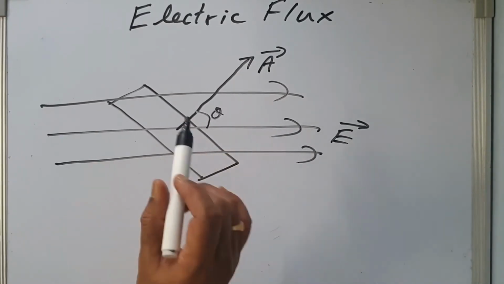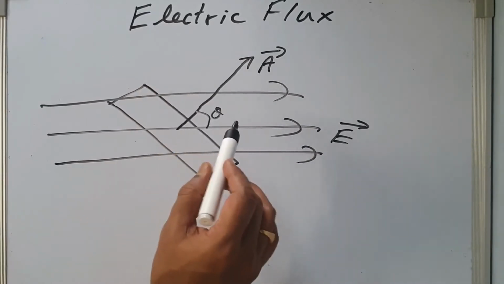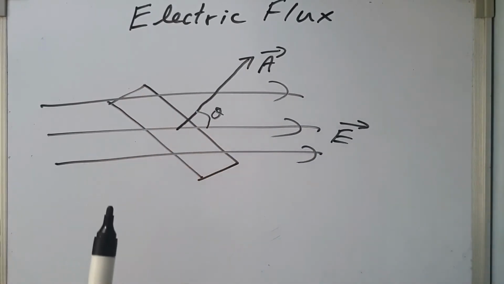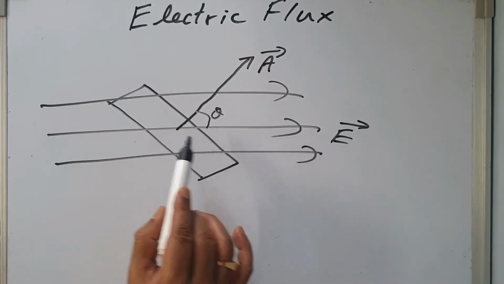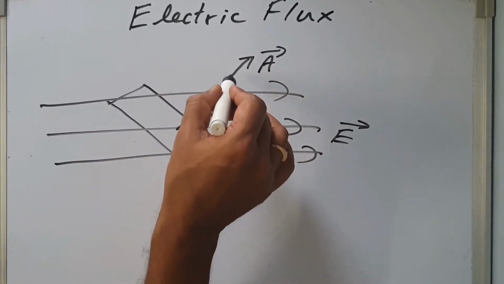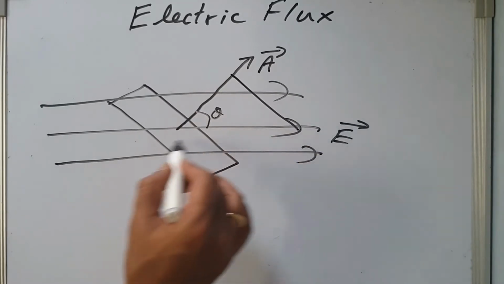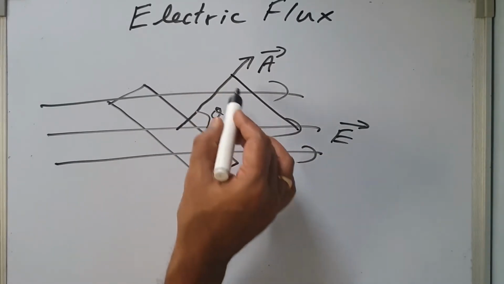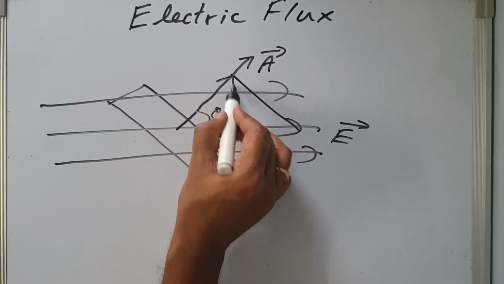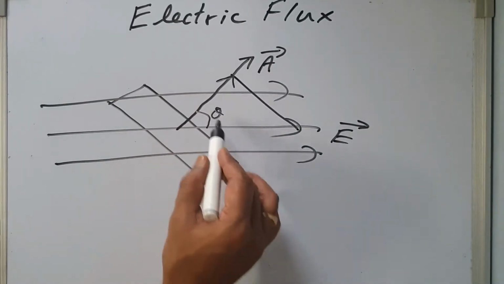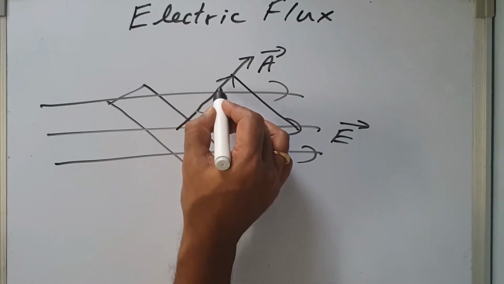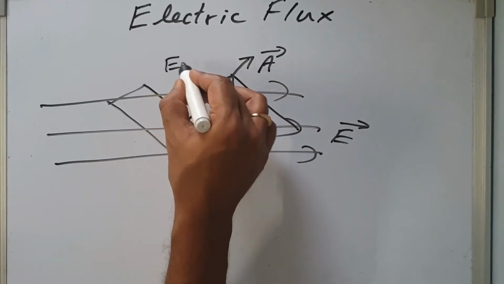Then what was our definition of electric flux? The total number of lines of force passing normal, perpendicular, through that area. But this electric field is not perpendicular. But this electric field has a component perpendicular to this area, that means a component parallel along the area vector. What will this component be? The component of E along this is going to be E cos theta.